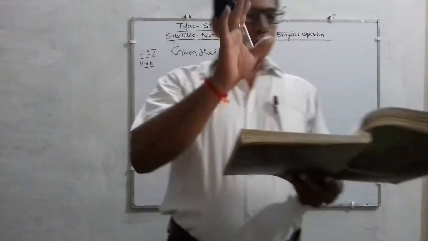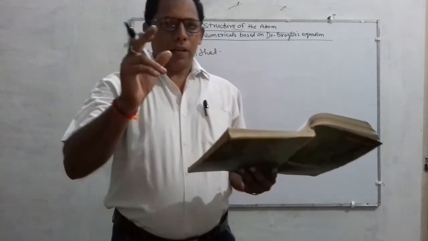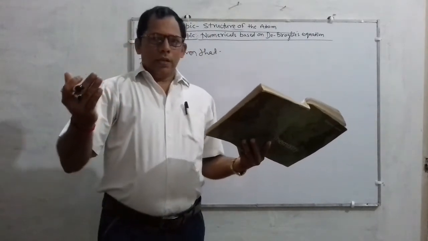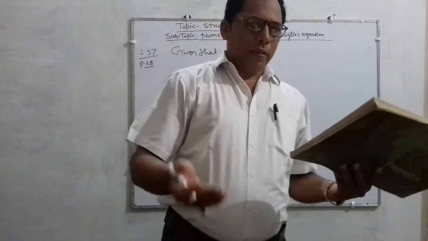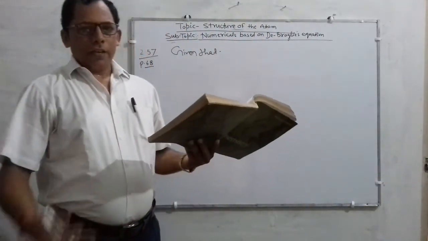Try to solve almost all the numericals, and numericals make your concept clear. So you must do it. If you are not in a position to solve, then without any hesitation, without any difficulty, contact me.